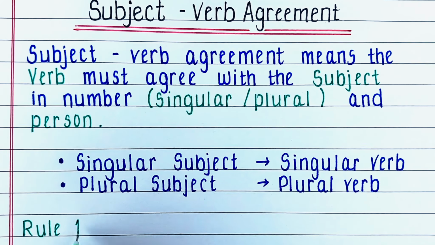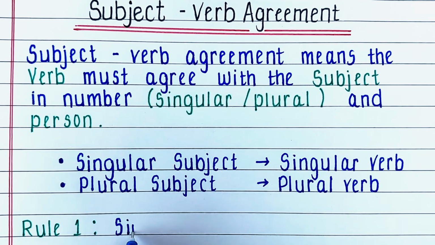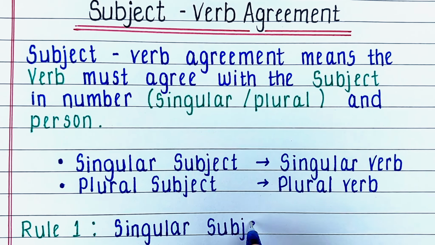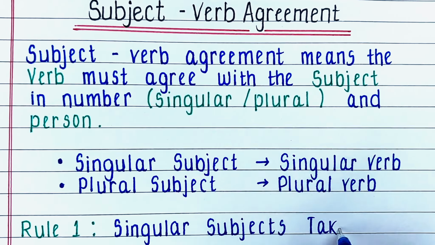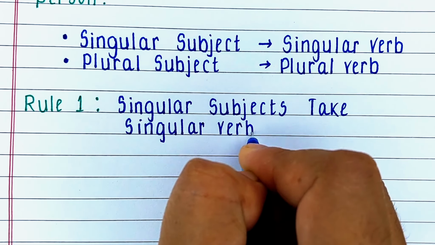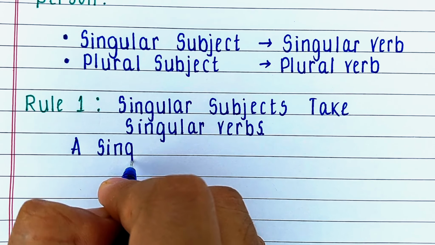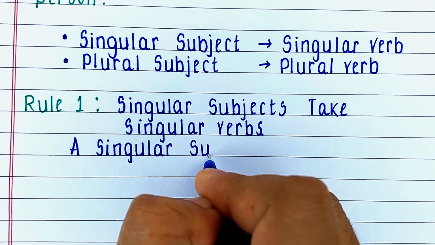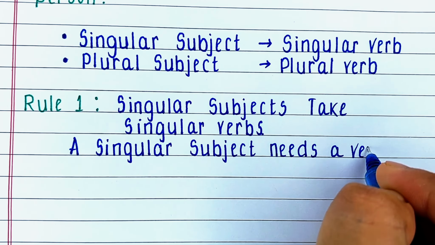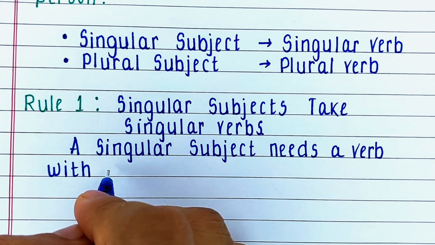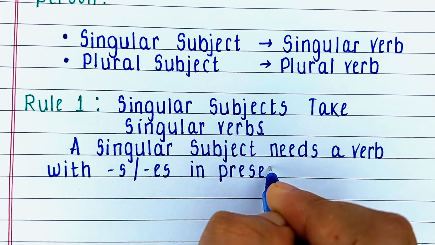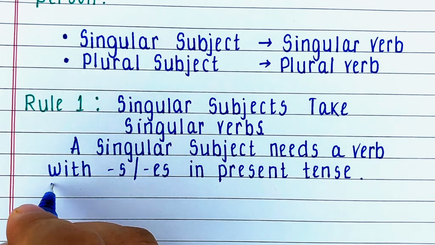Not really. Let's understand this with the help of the rules. Rule number 1. Singular subjects take singular verbs. A singular subject needs a verb with s or es in present tense.